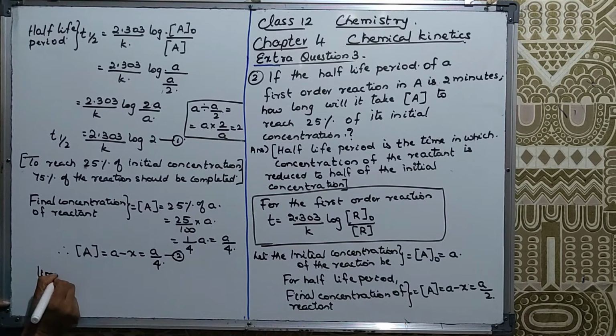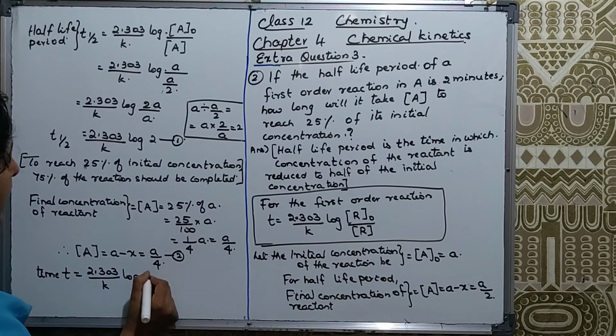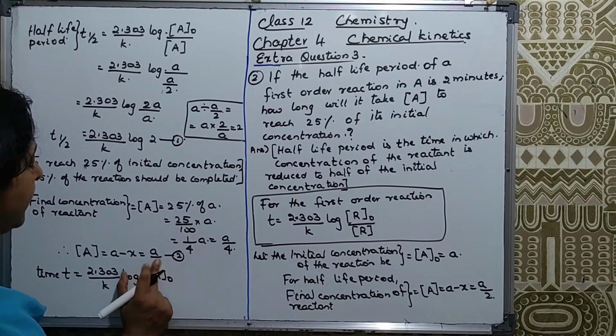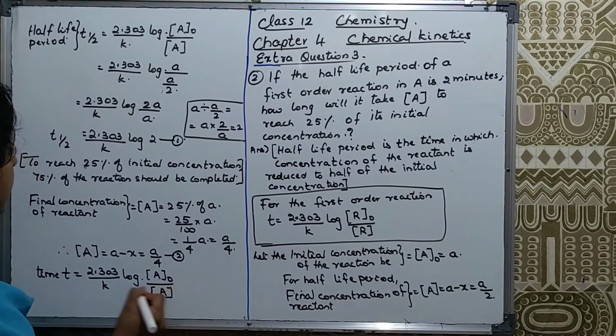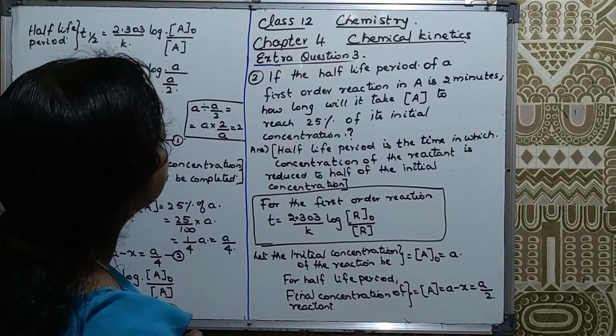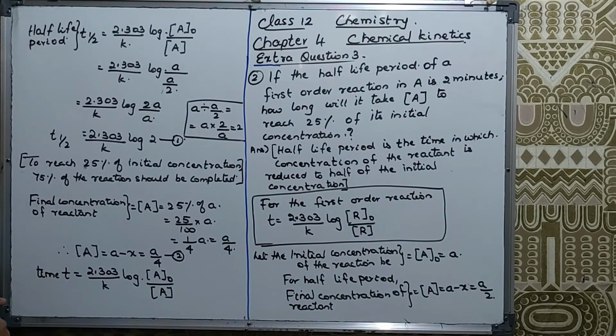So time T equal to 2.303 divided by K log of the initial concentration A0 divided by the final concentration A in the second case. One more thing: the half-life period was given as 2 minutes. Later we'll substitute for that. T half was 2 minutes.